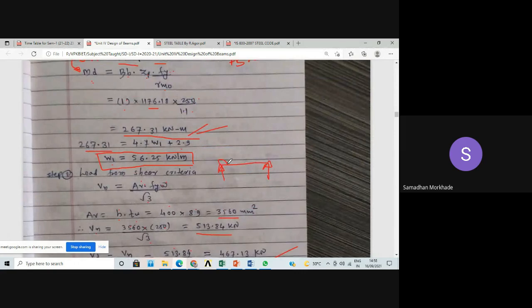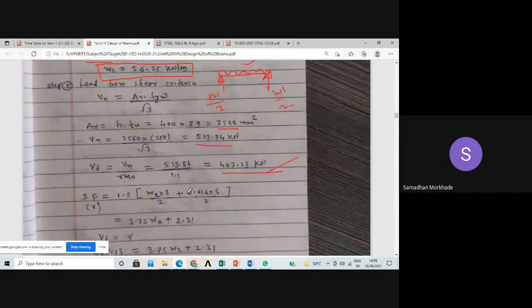The reaction is nothing but WL by 2 and WL by 2. Just as the bending moment will be WL square by 8 for this case, similarly for this case the shear force will be WL by 2. You simply have to calculate the reaction. That's why knowledge of shear force and bending moment is very important. I don't know if you know it or not, since I can't check, and you people are not speaking either. So this is about the WL by 2 reactions. Just recall your strength of materials.